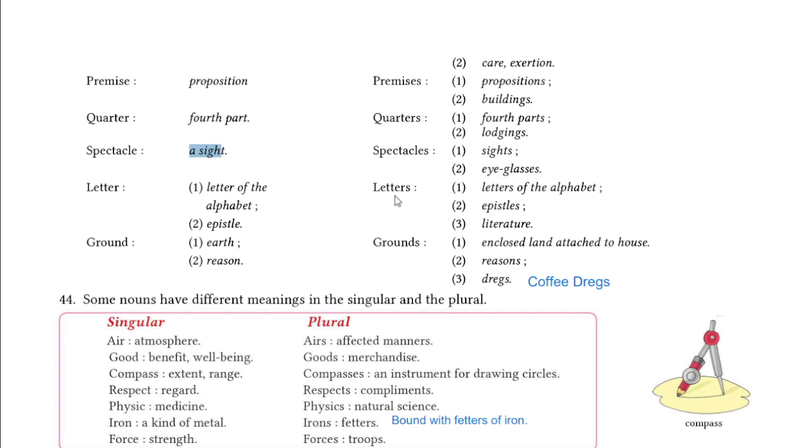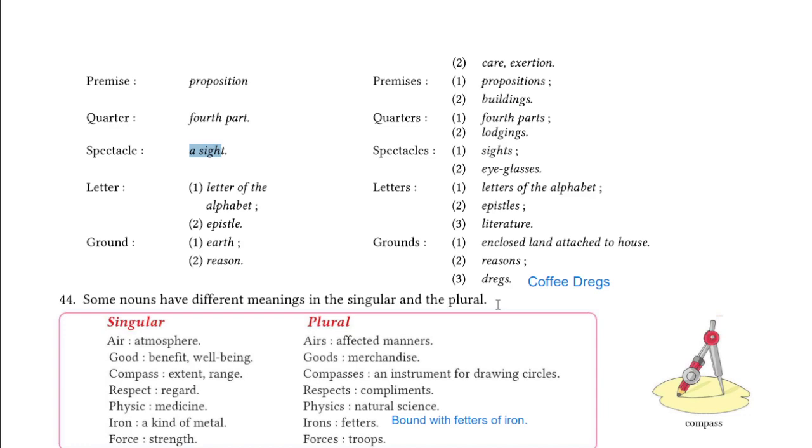Letters, plural form, has three meanings: letters of the alphabet, epistles, literature. We say he is a man of letters, he is a man of literature. Ground has two meanings in the singular, earth and reason. It has three meanings in the plural: ground, enclosed land attached to a house; reasons; and dregs.